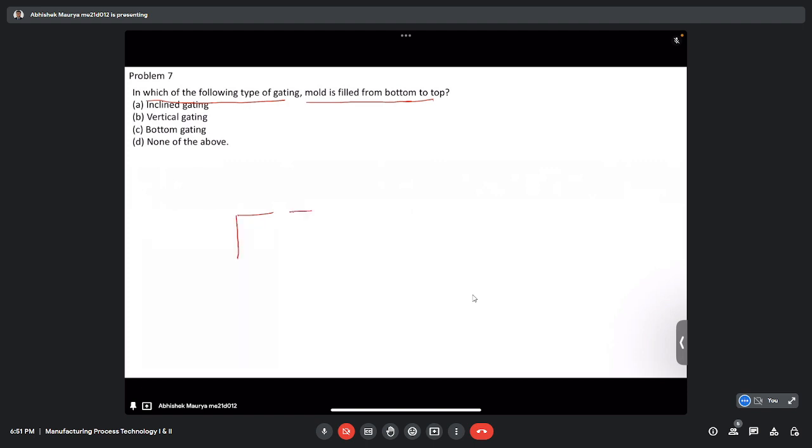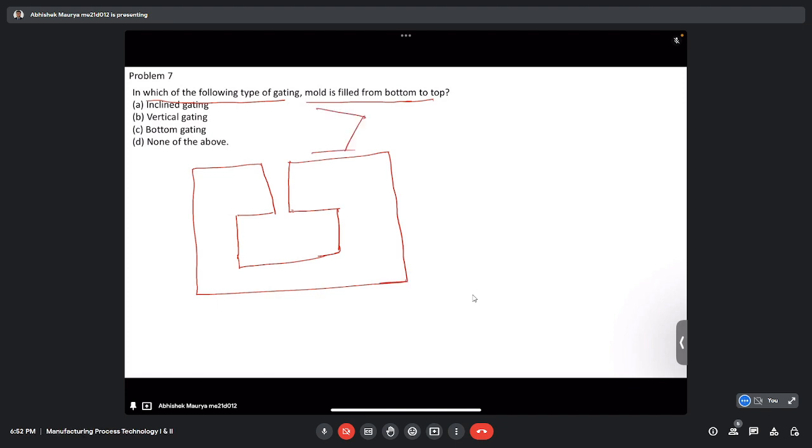we have this cavity, and here we have molten metal, and if you are filling the molten metal into the cavity from the top, so what will happen? The molten metal will enter inside.